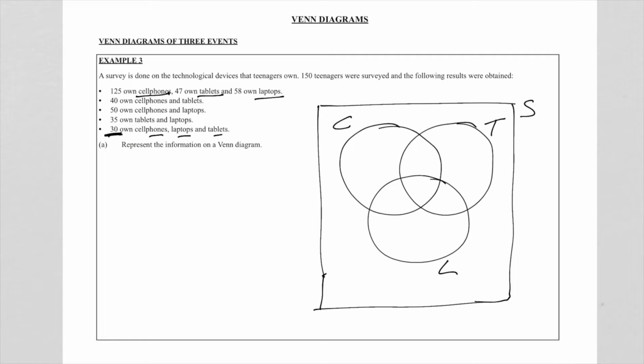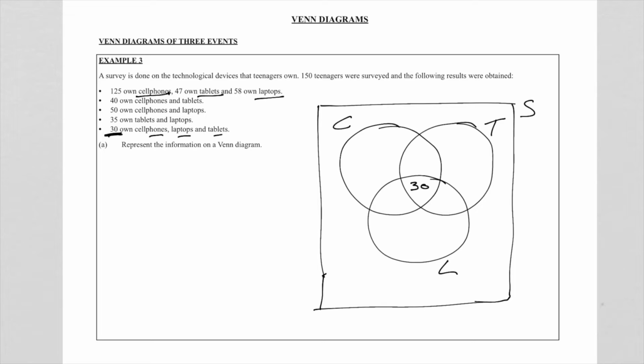We look what we want in a specific order. So we will, first of all, find all three devices. Then we're going to go for two devices and then one device that goes there. So that 30 must be here. So let's put that in there. So that 30 represents all three devices.